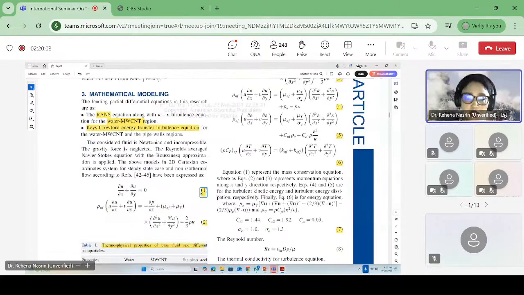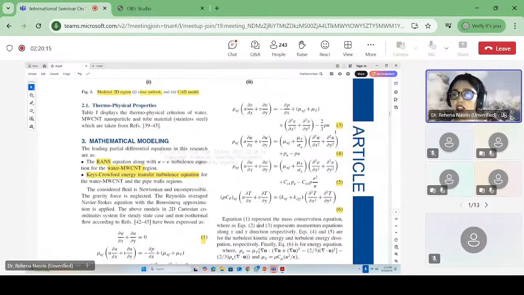You can see equation 1, which is the continuity equation. Equation 2 is the X momentum equation, equation 3 is the Y momentum equation, and all these are partial differential nonlinear equations.